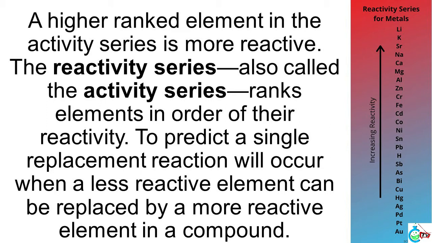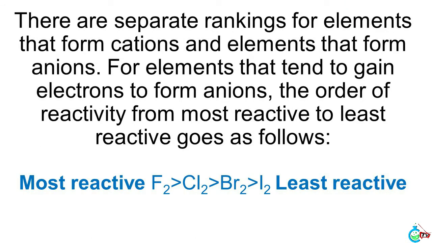The reactivity series, also called the activity series, ranks elements in order of their reactivity. To predict whether a single replacement reaction will occur, a less reactive element can be replaced by a more reactive element in a compound. There are separate rankings for elements that form cations and elements that form anions.